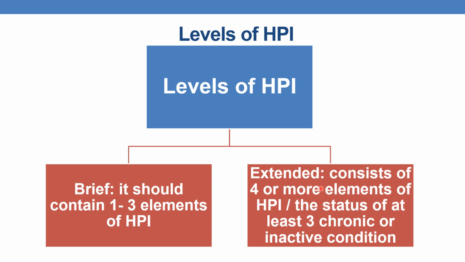Even if the physician does not document 4 elements of HPI in the medical record, because the patient has three chronic or inactive conditions, that HPI is taken as extended. Usually, based on elements, it should contain 4 or more elements of the HPI in order to be called extended. So the types of HPI are brief and extended.